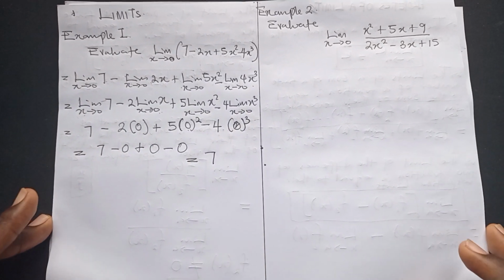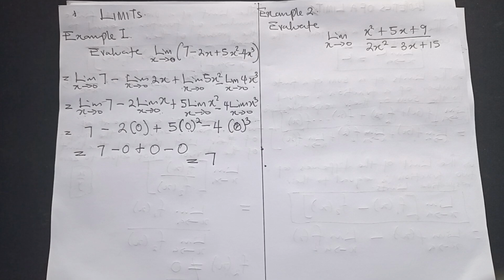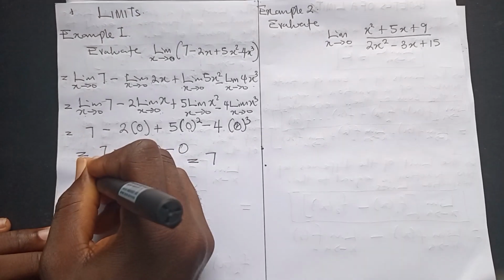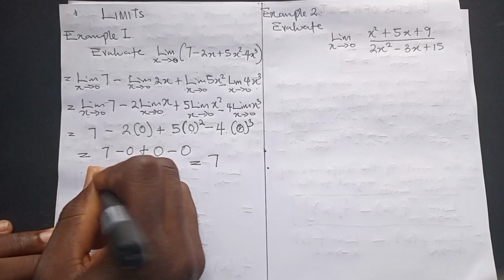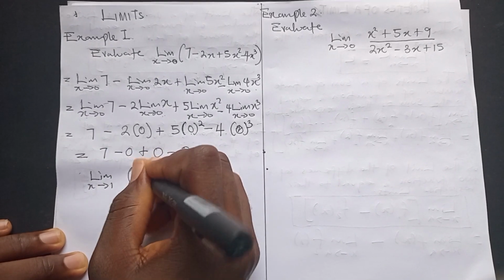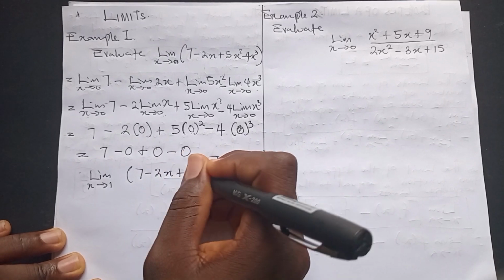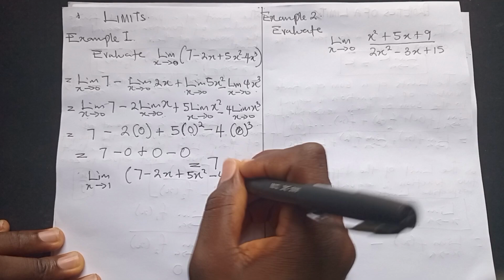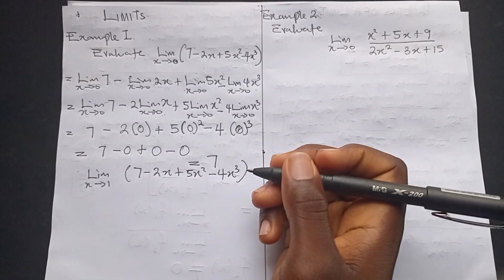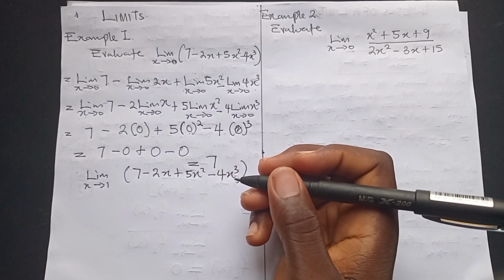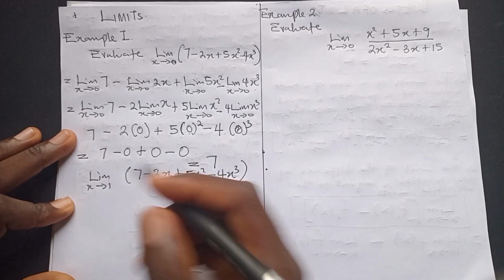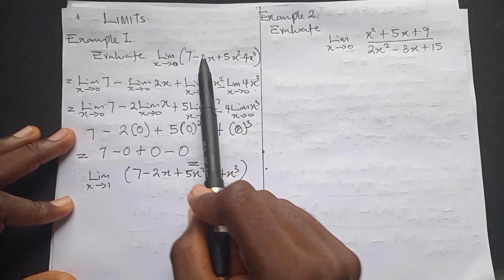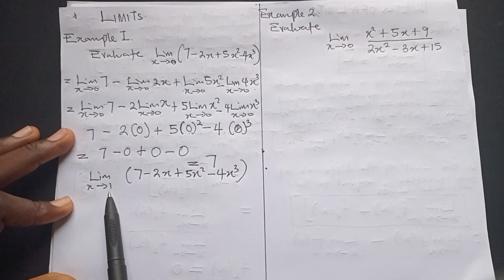Now, for example, let's solve this function when x tends to 1. So we say the limit when x tends to 1 of this function, 7 minus 2x plus 5x squared minus 4x cubed. If you follow the same method you used for when x tends to 0, apply the same method here.